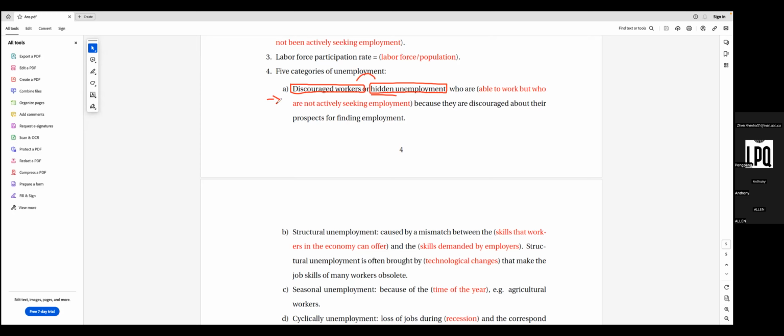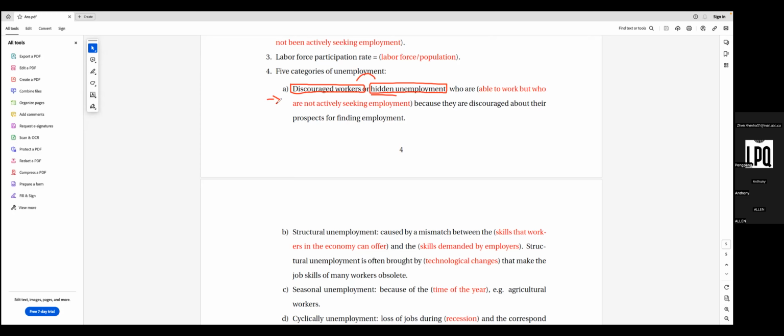This category of unemployed workers cannot be counted into the officially released unemployment rate data.